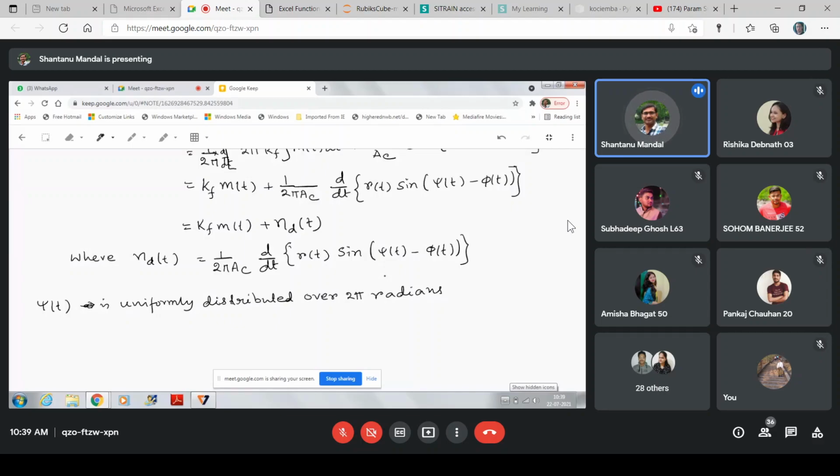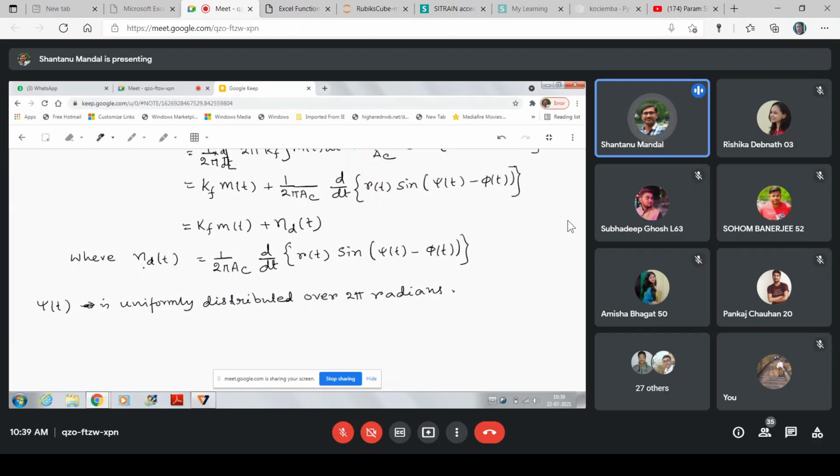Therefore, the mean square value of n d(t) will be biased by the message-dependent part phi t. Our aim is to determine the output signal to noise ratio.